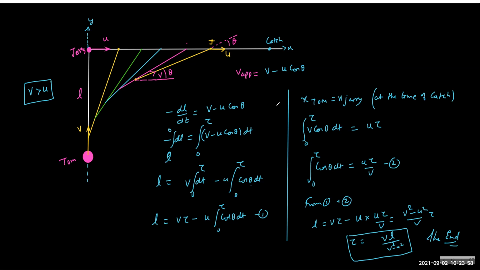And we cannot integrate because cos theta is unknown. So we take v outside, and the rest we write in terms of something else. This gives you the opportunity to replace this term by something known to you, and that's how we have solved. This is the difficult and most challenging problem of relative motion called velocity of approach problem.